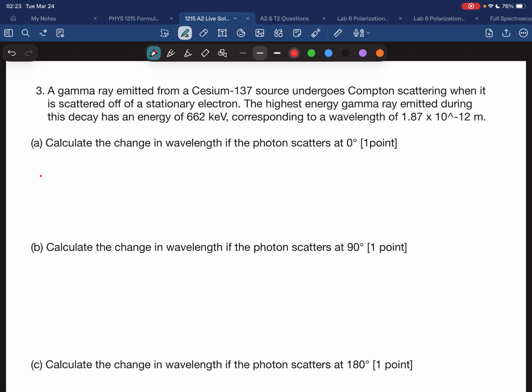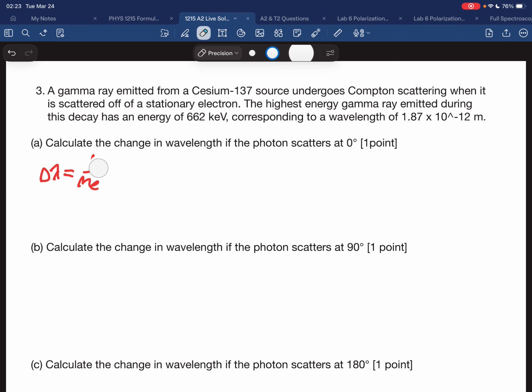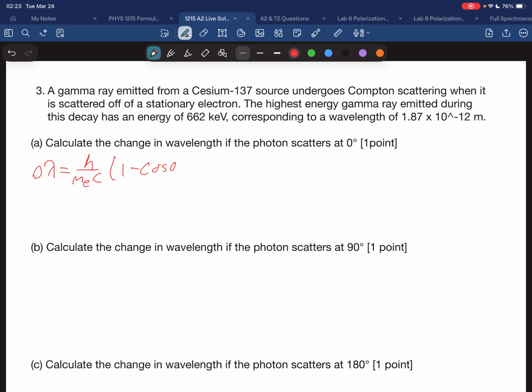Okay, so we are looking for delta lambda, and we have the same equation here. So delta lambda equals h over m_e c times 1 minus the cosine of phi.